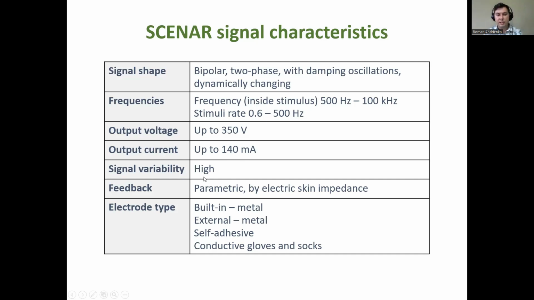extreme variability, and Scenar is able to work with different electrode types. First of all, of course, it is designed to work with metal electrodes, be they built-in or external electrodes, but it is also possible to use conductive gloves or socks or self-adhesive electrodes in a certain way.